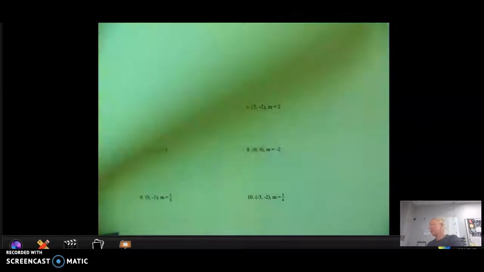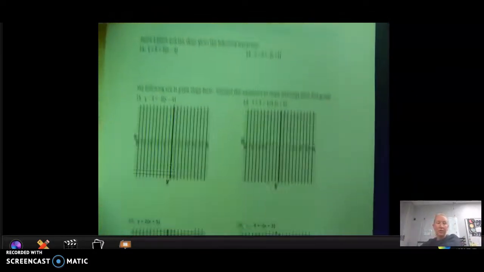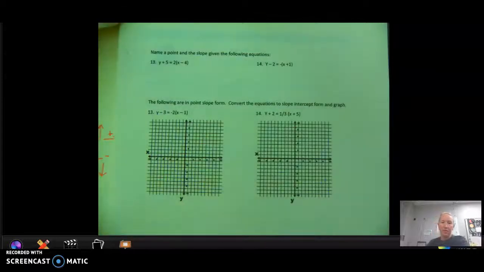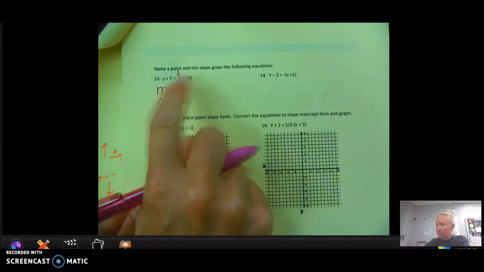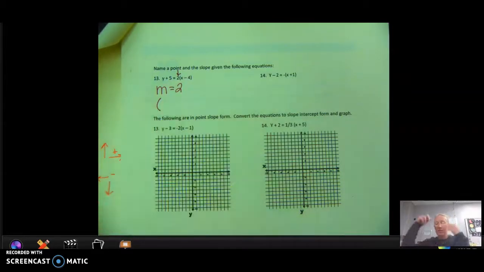Next, and I believe last page of notes, yeah. Okay. So now we're going to kind of go backwards. I'm giving you the equation, and from the equation, I want you to tell me the point and the slope. So my m, or my slope here, remember that always comes before the parentheses, so that would be 2. The point is a little bit different. Remember, this is y minus y, so that's my y value, and this is my x value. But remember, we always had the negative in front of it, so that actually made it opposite of what it was.